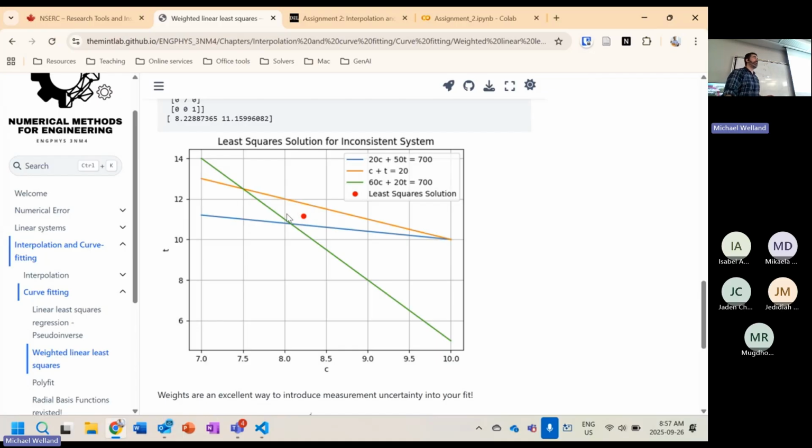So if you didn't know about weights and you just plotted this thing, you would have thought that your algorithm was working wrong because it wasn't anywhere close to the orange line. And in fact, it was answering exactly the question you asked, not the question you meant to ask. Any questions? Okay. Let's move on.